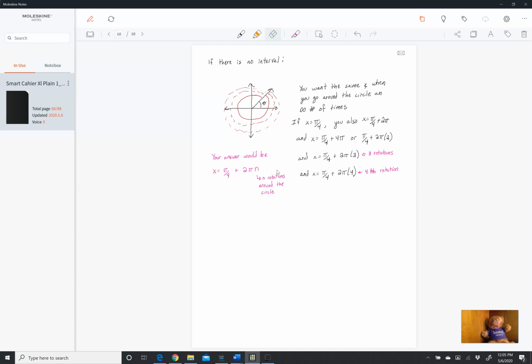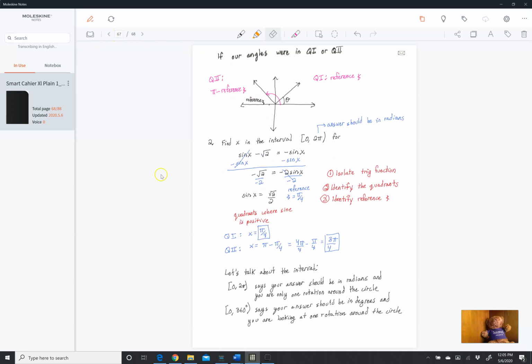So if there is no interval, then our answer here, instead of just being pi over 4, if we hadn't specified an interval, you would have written pi over 4 plus 2 pi times n. And you would have written 3 pi over 4 plus 2 pi times n. Okay?